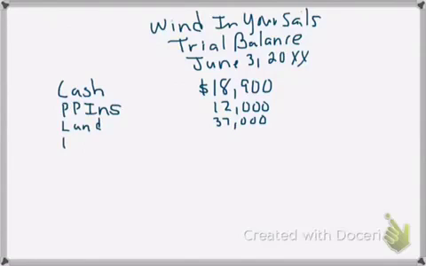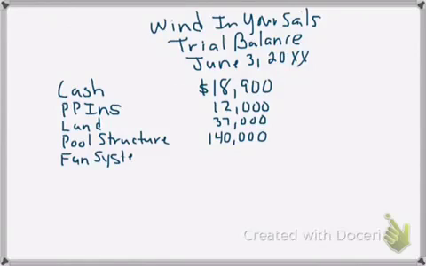I would have the pool structure, and the pool structure is $140,000. The fan system is at $13,300. I then have the sailboats, and they are at $33,000.